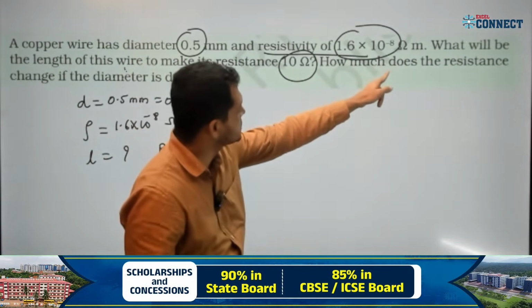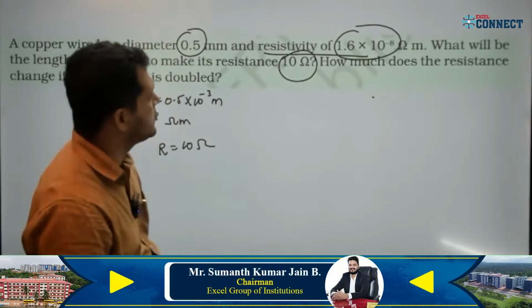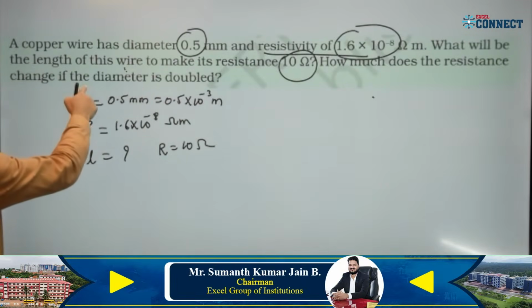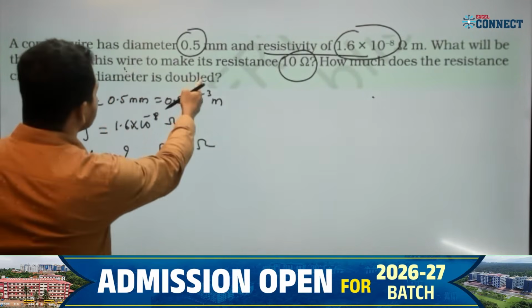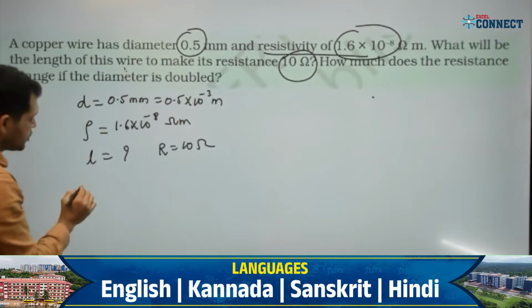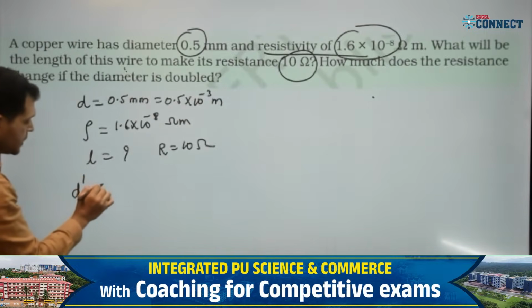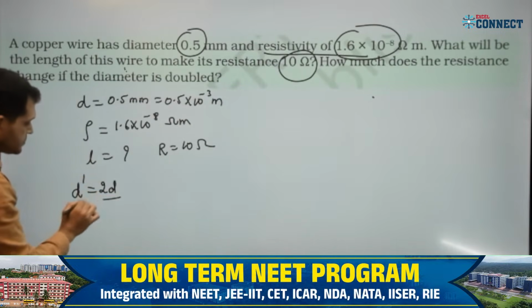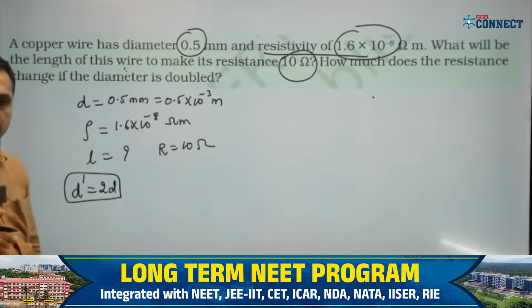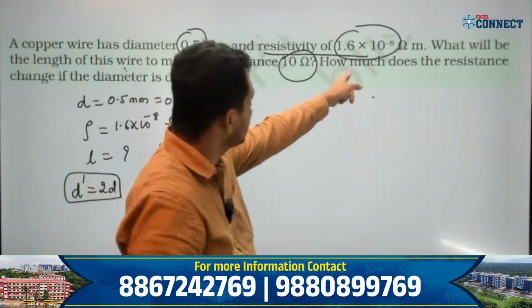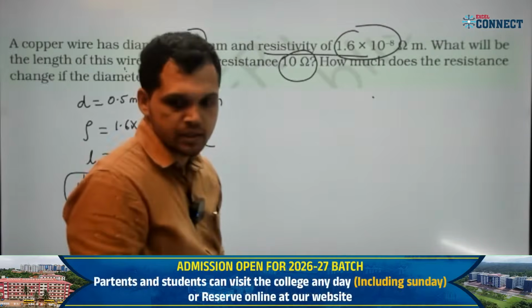And one more question is there. How much does the resistance change if the diameter is doubled? That is, if I change the diameter d dash, I write 2 times d. I will change the diameter. How much will the resistance change?